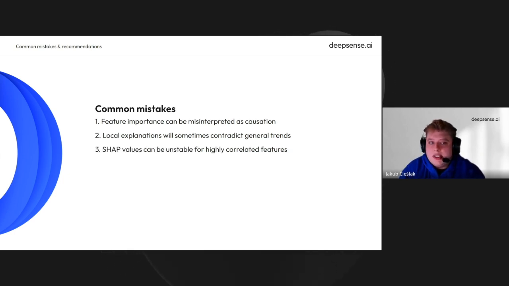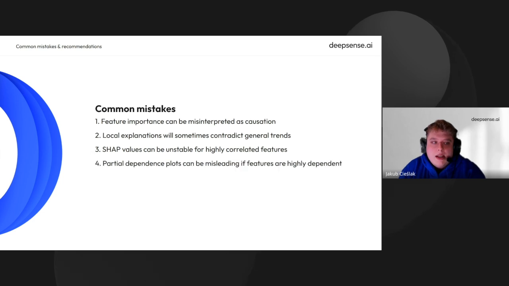SHAP values can be unstable for highly correlated features. This is something that we didn't talk about, but it's really essential to remember when using SHAP values. Partial dependence plots can be misleading if features are highly dependent. So let's take an example that we covered previously.